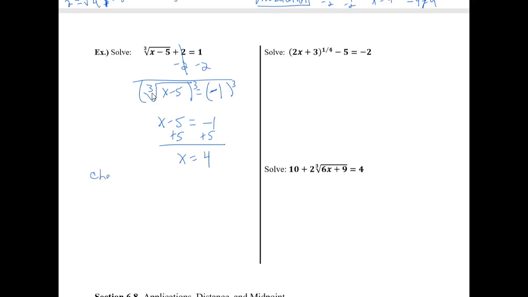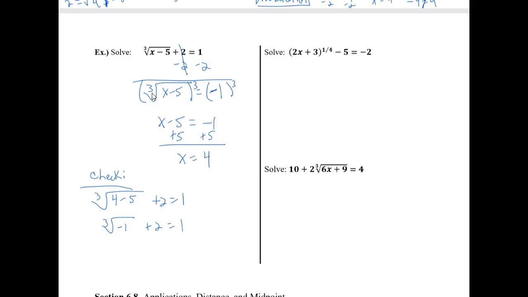Again, you should be checking all your solutions. So the cube root, replacing x with 4: 4 minus 5 is a negative 1.